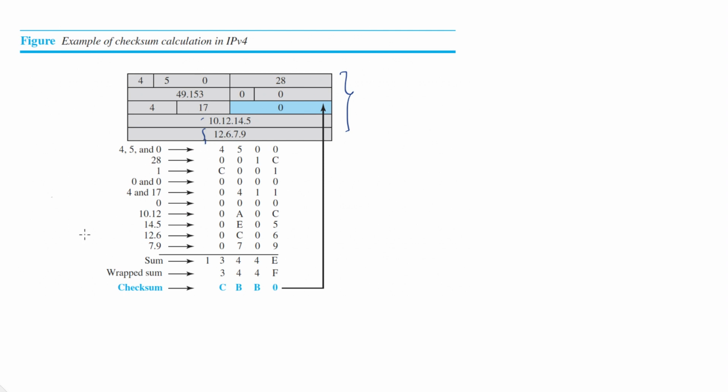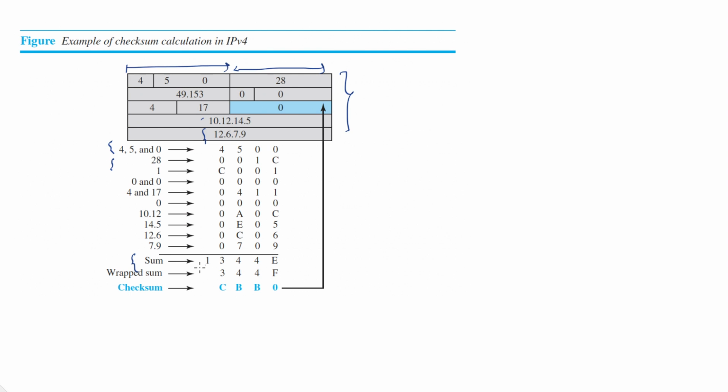Then what we do, since the checksum has 16 bits, we divide the header into pairs of 16 bits, which means we take these 16 bits, these 16 bits, and so on. So we divide it into 16, 16, 16, 16, like that. We write it in binary or hexadecimal, whatever format you like, and then we sum it up.